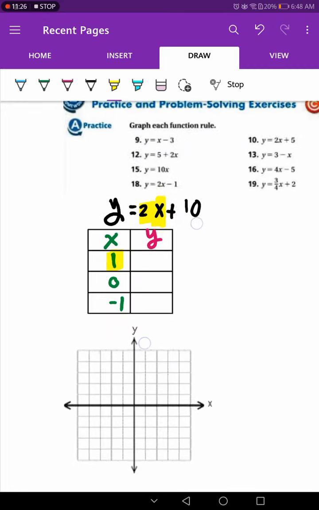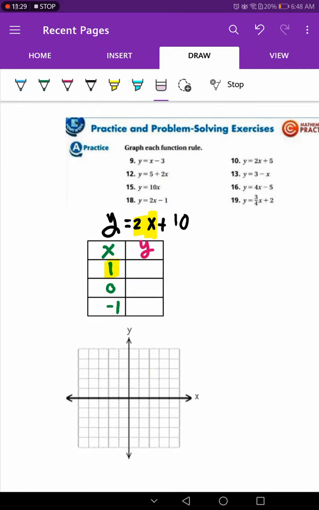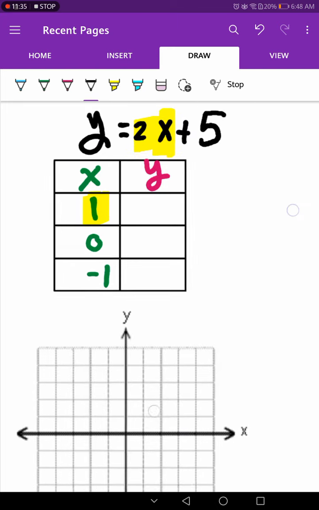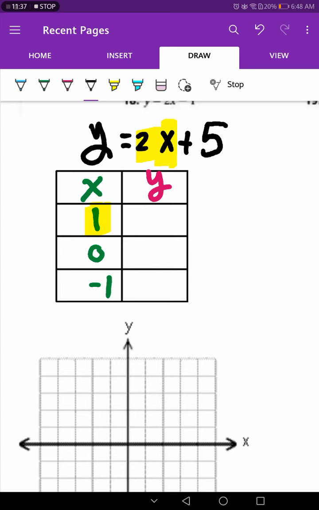Oh, it is plus 5. Sorry. Oh, alhamdulillah. Yes. Now, if x equal 1, multiply by 2, plus 5. So any value of x multiplied by 2, then plus 5, you will get y. This is the rule for this equation. So it is 7.